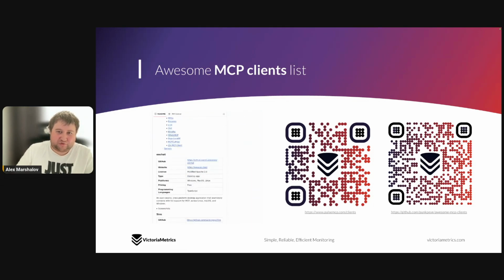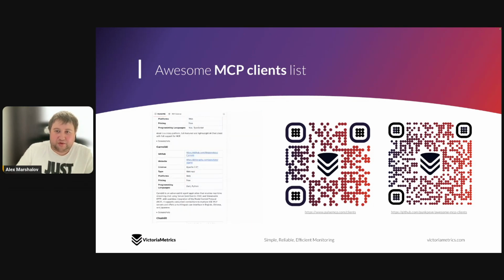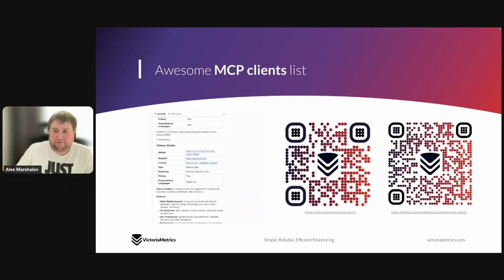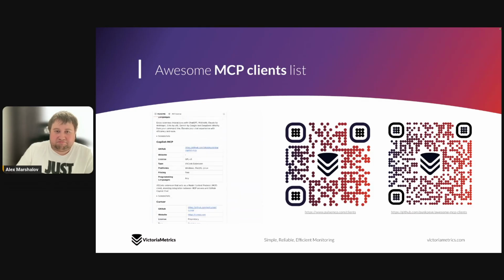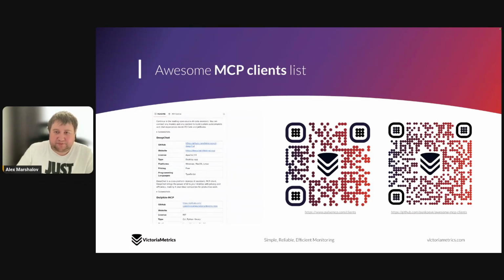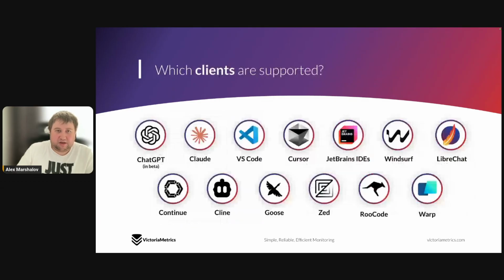There are several lists of MCP clients on the web. You can see a couple on the slide, and you can find many different types of MCP clients by the links. They can be chats, editors, terminals, CLIs, chatbots, automation platforms, debugging and testing tools, AI agents, smart home applications, etc. Here are several that you may already know about.